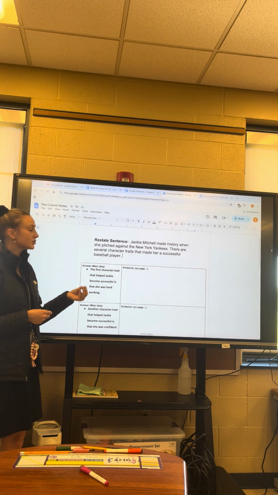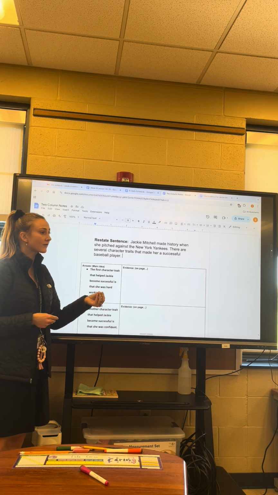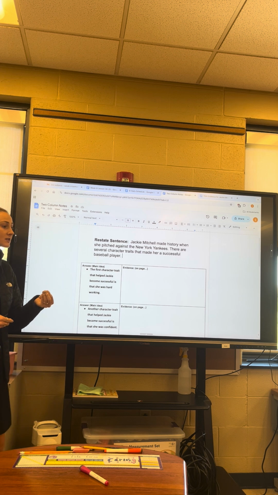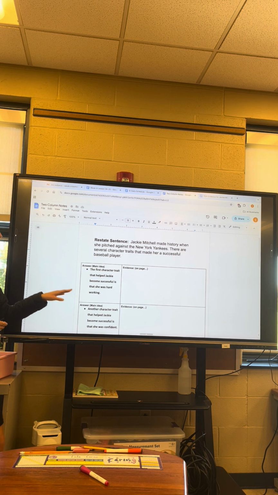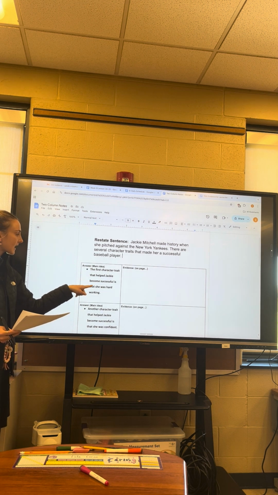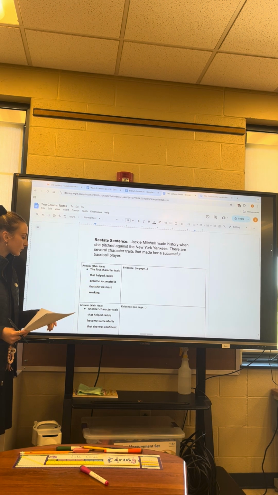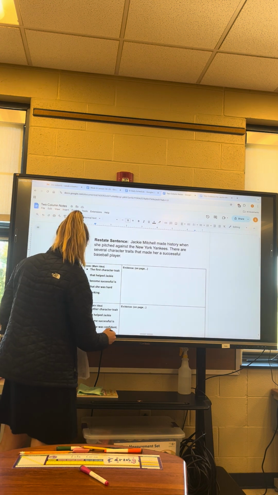The author shares on page 5. The author shares in paragraph 2. Those are going to be sentence starters for your evidence. Okay. So, the first character trait that helped Jackie become successful is that she was hardworking.